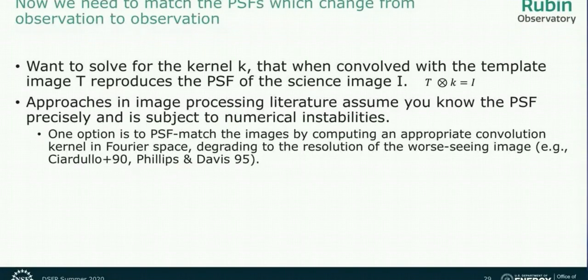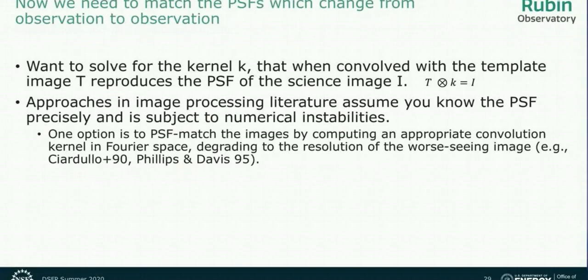However, the assumptions that you need in order to work in Fourier space do not hold. The PSFs are varying spatially, the noise is varying spatially, and there are discontinuities and really sharp features like cosmic rays and masked pixels that blow up the noise when you work in Fourier space.